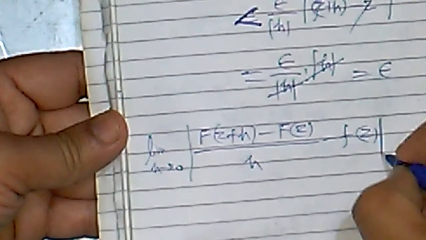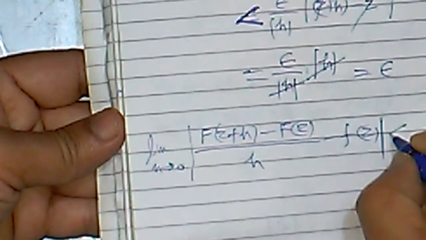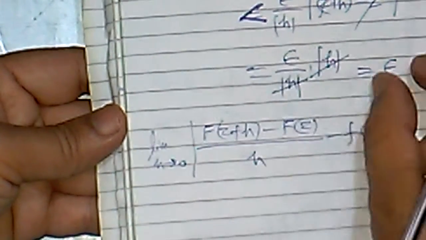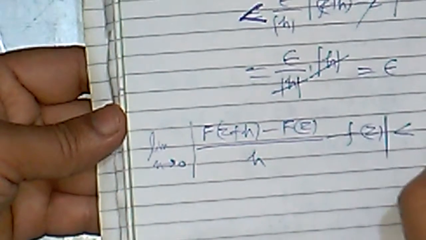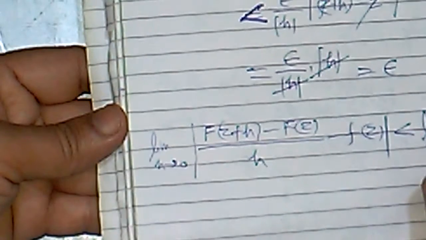Here this value is equal to epsilon, and the left hand side is less than epsilon. Also we apply the limit h tends to 0.